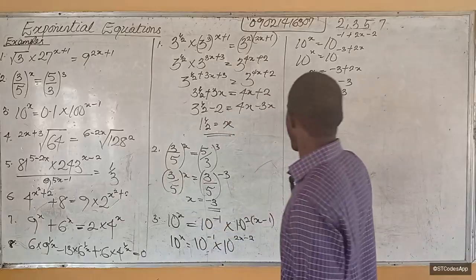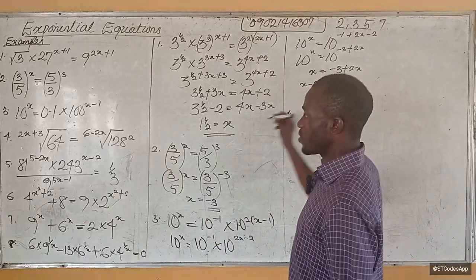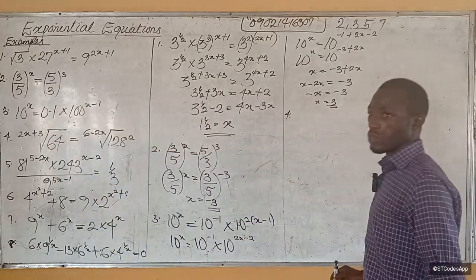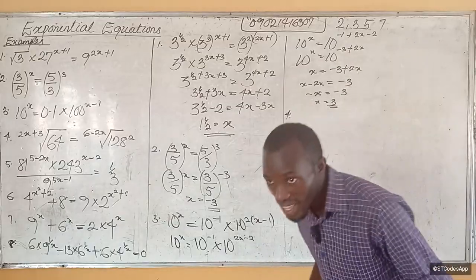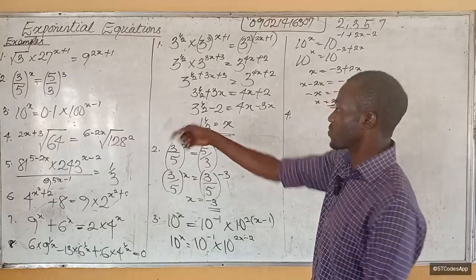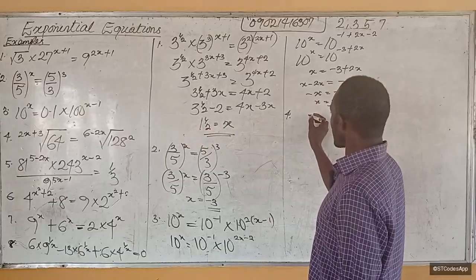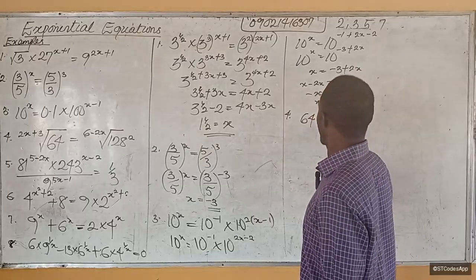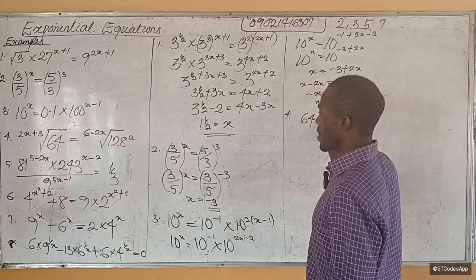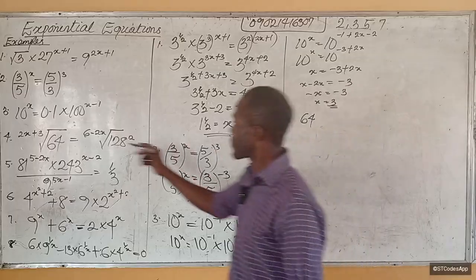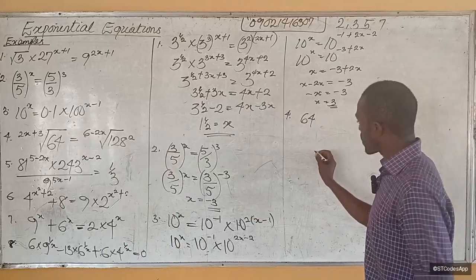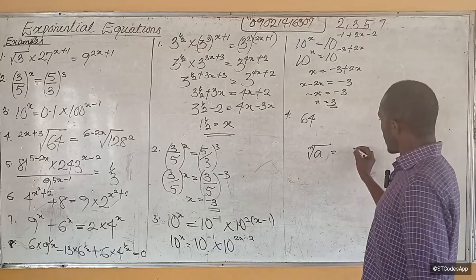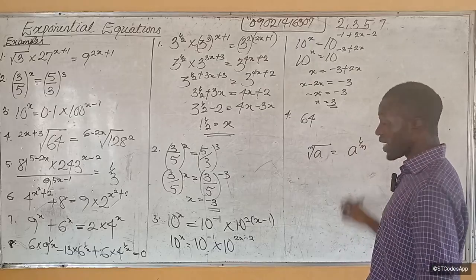So for the next one, number 4. This one says, this thing roots this. Now I can express that as 64 raised to power, now you know there is a power here. If you remember this rule, that the m-th root of a is the same as a raised to power 1 over m, right?